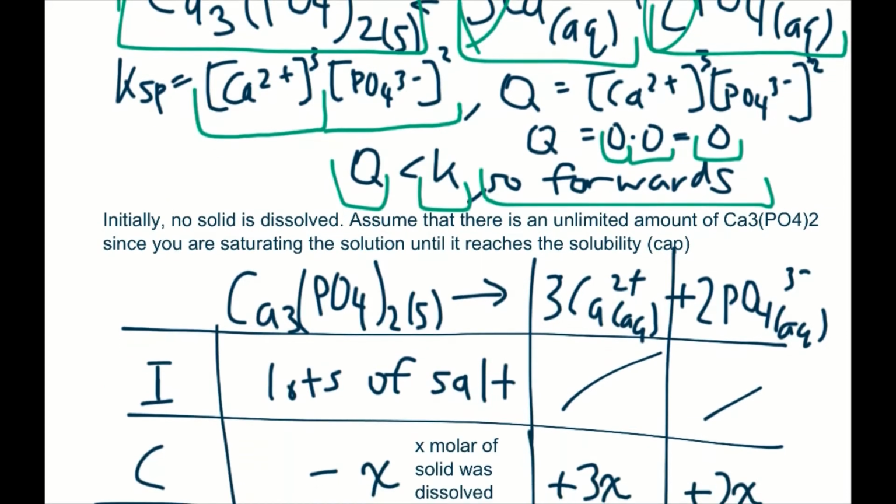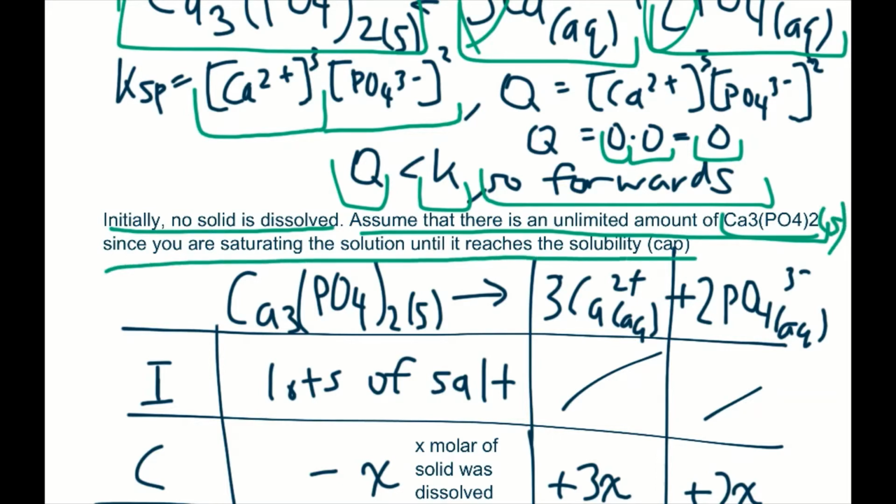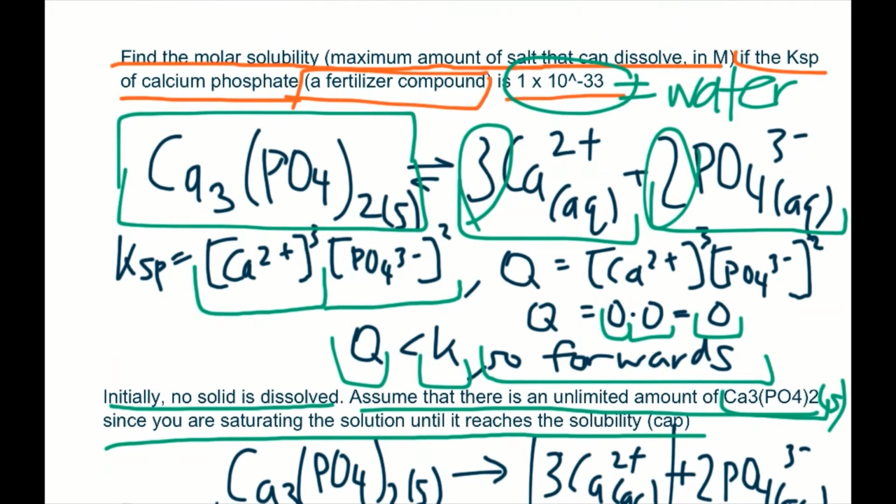So we know that initially no solid is dissolved in the pure water. So we assume that there is an unlimited amount of calcium phosphate solid, so let me write solid there, since you are saturating the solution until it reaches the solubility cap, because we are trying to find the molar solubility, or the maximum amount of salt that can dissolve.